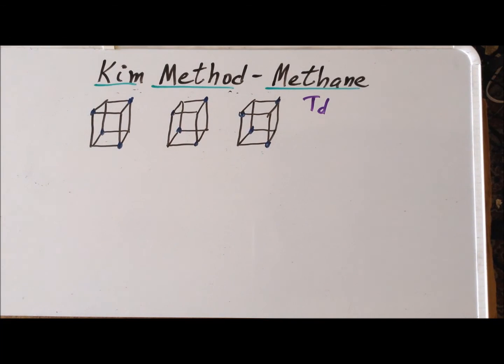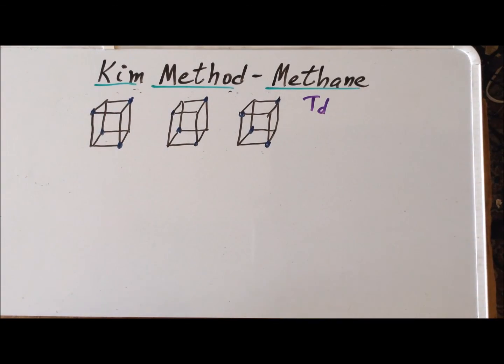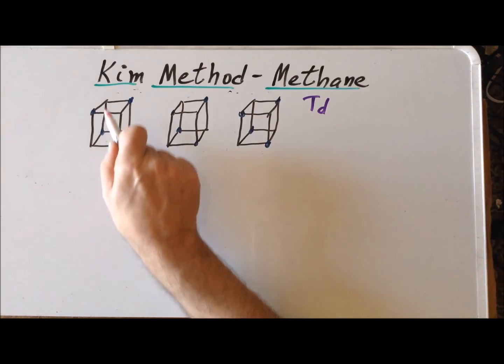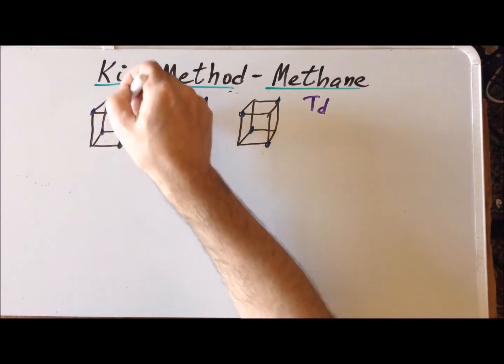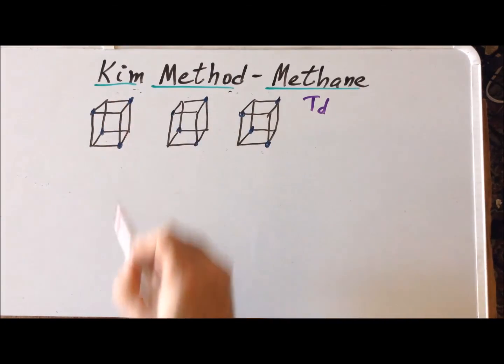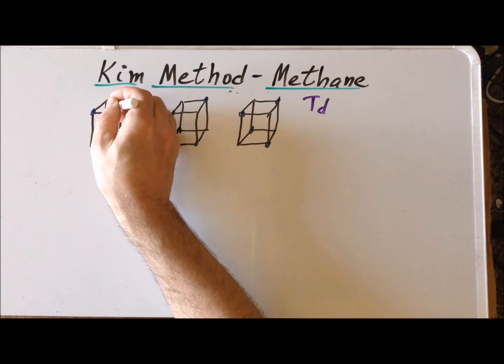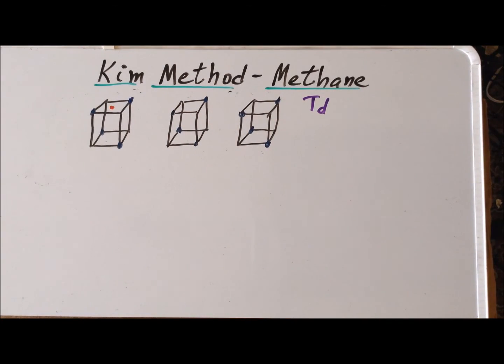Recall that one way we can represent a bending motion is as a perpendicular bisector, a bisector of an angle. So in this case, we have an angle going from hydrogen to carbon to hydrogen, and to bisect that angle, we would have a vector that goes through this particular point that is the center of the top face of the cube.